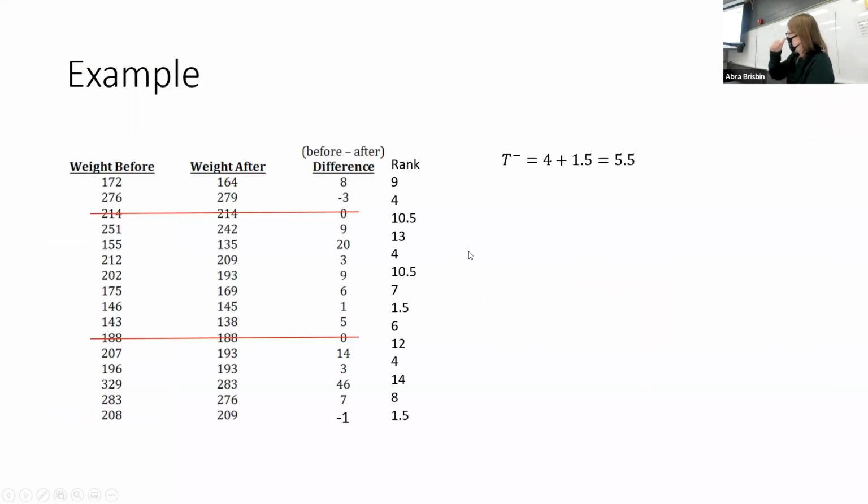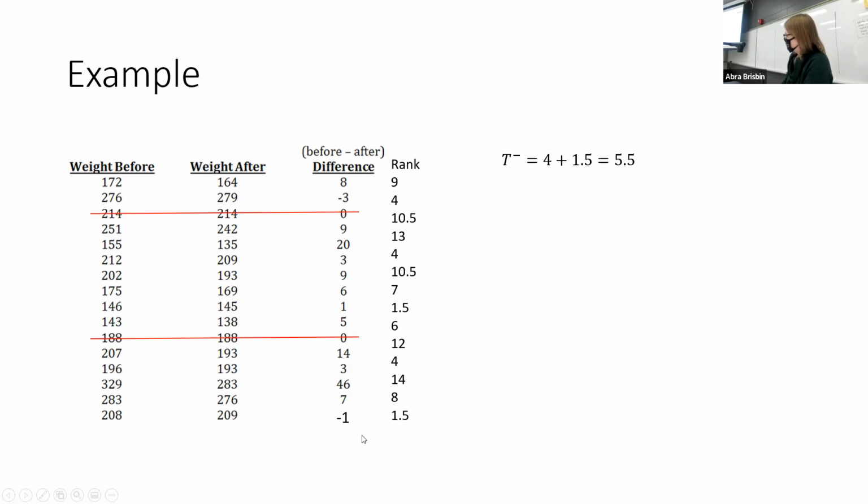So remember how we got that was we took the differences in each pair. So this is the non-parametric equivalent of a paired t-test. We eliminated the rows that had a difference of 0.